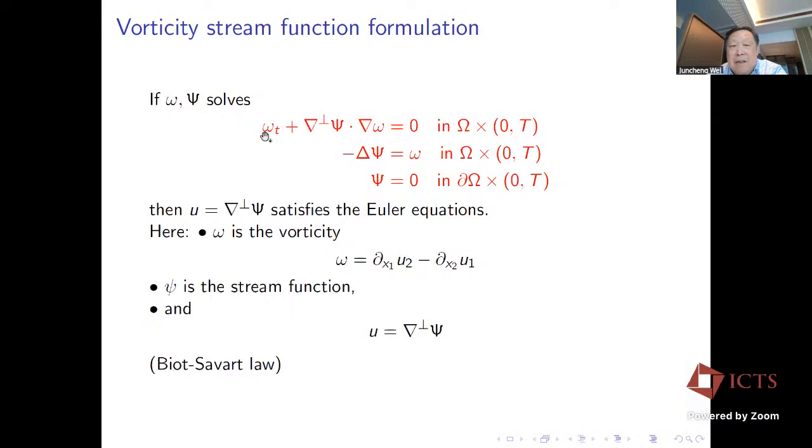It becomes just a transport equation for the vorticity. But the transport term depends on the vorticity through a Poisson equation, where we see the Laplacian. I'm going to work with this problem, and we're going to show how we can do the GUI for this problem.